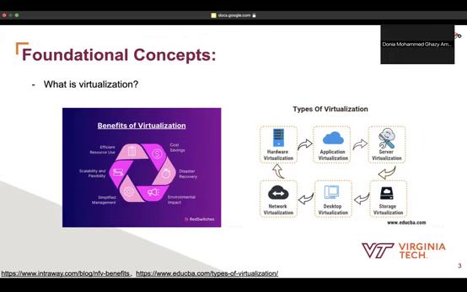Virtualization has had many benefits over the years, like cost, recovery, management, and so forth. That is why people nowadays are taking virtualization security seriously and giving it so much thought. Also, virtualization has many types, such as hardware, application, server, network, and so forth.